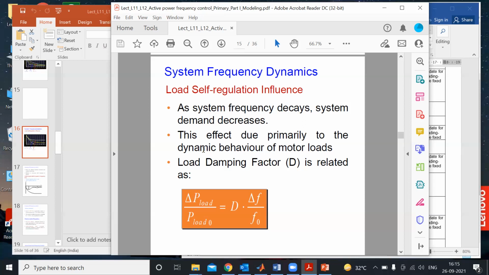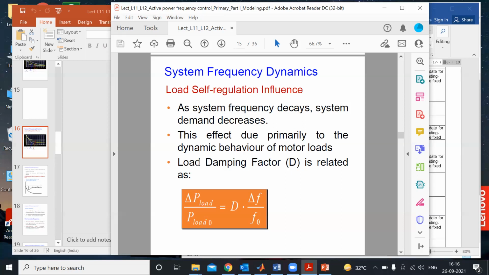So in this way, the dynamic loads act as self-regulation. When the frequency decays, the demand reduces, and thus the torque-slip characteristic of the induction motor acts as a self-regulation phenomenon so as to improve the frequency profile, that is, to minimize the decay of the frequency.